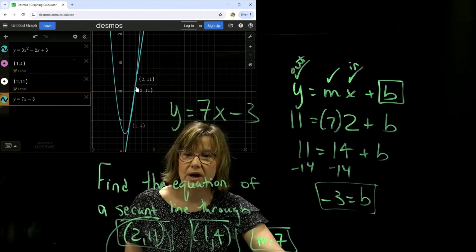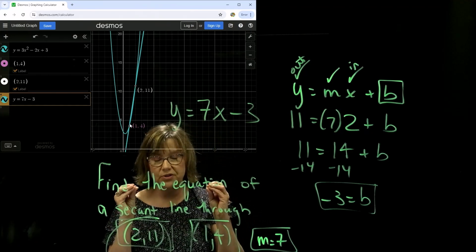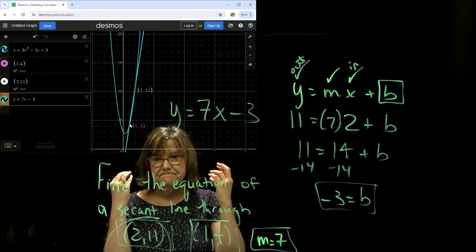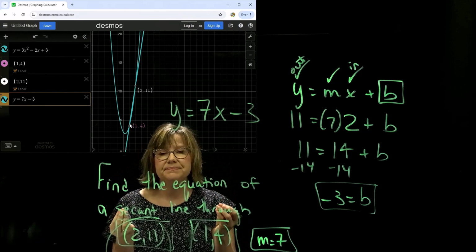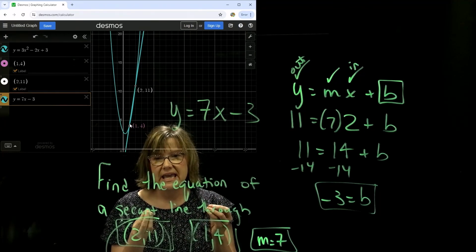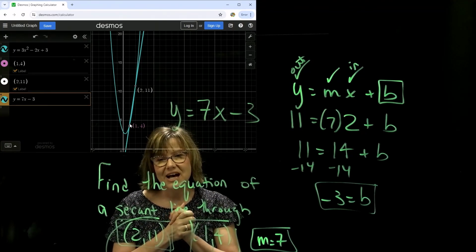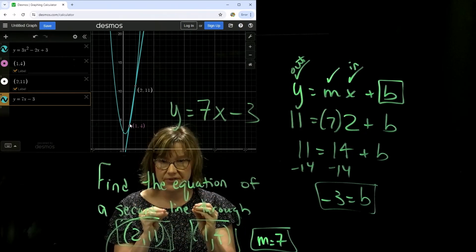Okay, so what happens if, again, I get infinitely close to this, right? Then I could try to find what we call the tangent line. But the problem is, how do we go about doing that, right? And so we have a nice little thing that we use to figure that out.